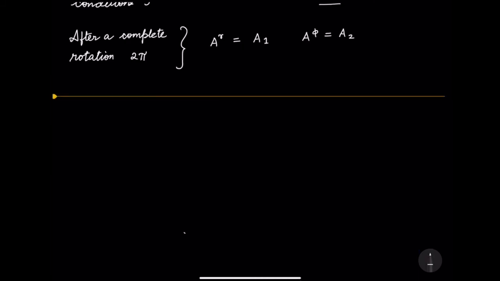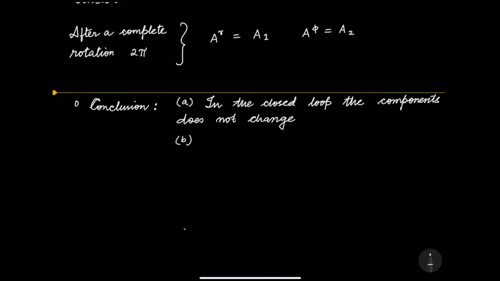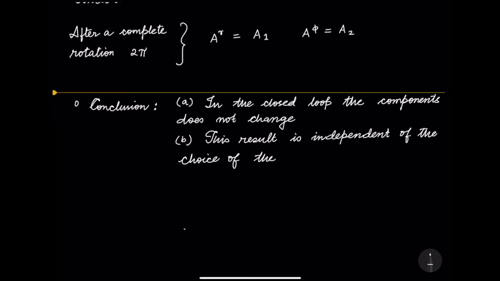So what is our conclusion? In the closed loop, the components don't change and this result doesn't depend on the choice of the curve. Well, we have not done it for an arbitrary curve, of course, but at least for the family of circles, it doesn't depend on that.